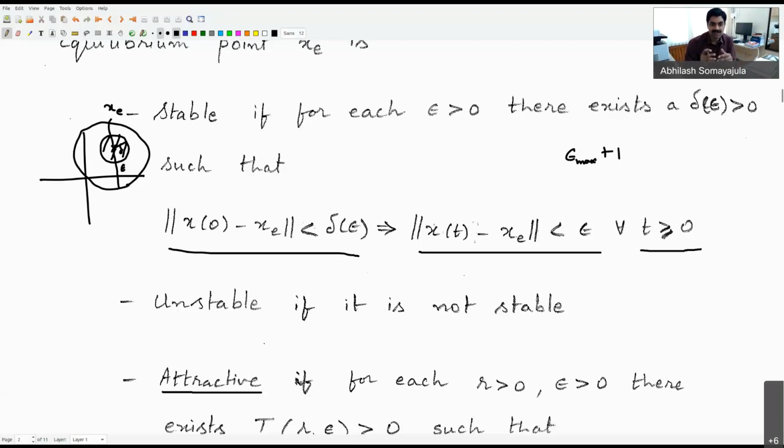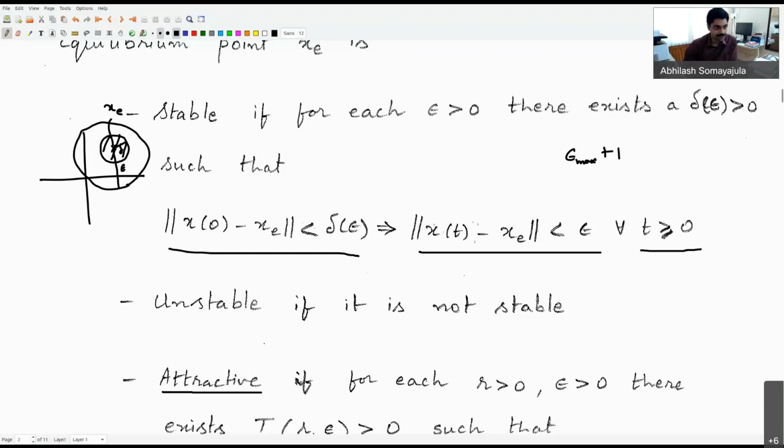Globally stable means I can make that epsilon arbitrarily large and I can still find a delta. And as epsilon becomes bigger, so does my delta. That's what it's saying. Yes, sir. It is only a concept of stability here we are talking about, no asymptotics. This is only locally stable versus globally stable. The idea is the same. The only thing is I can make my epsilon arbitrarily large.